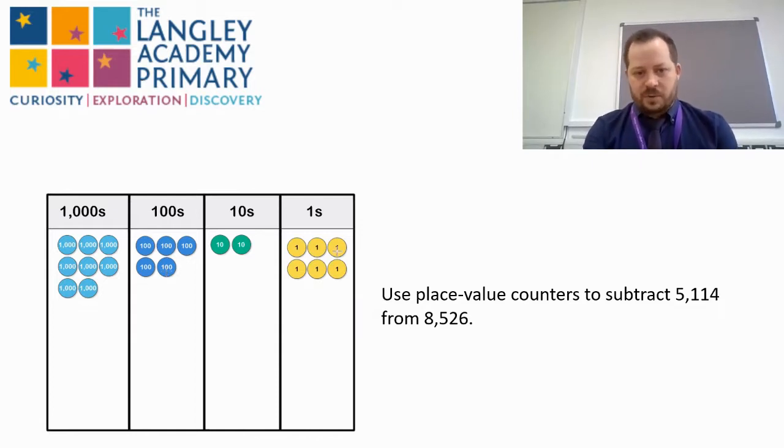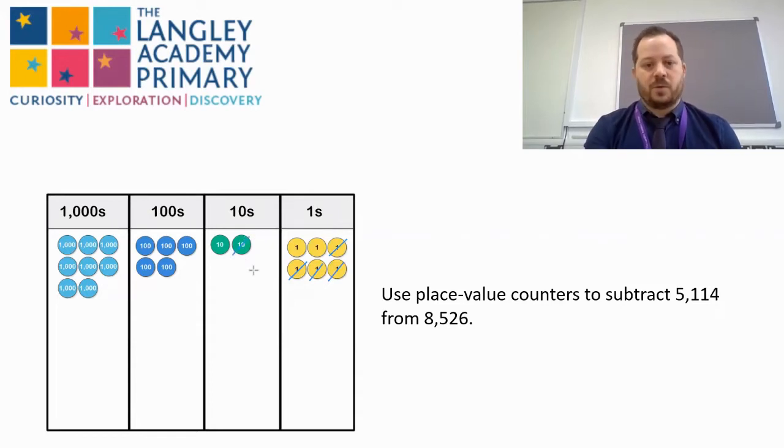Starting with my ones, I'm going to take away 4 ones because that's in my 5,114. So I'm just going to cross out 4 of them: 1, 2, 3, 4. I'm going to cross out 1 ten.